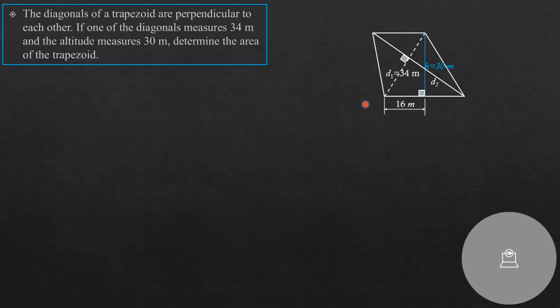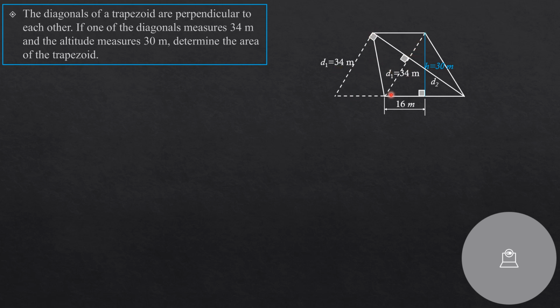And to analyze, we draw this first diagonal here through this end, and it is also perpendicular because the diagonals are perpendicular to each other. So let's extend, and this is also equal to diagonal 1, 34 meters.